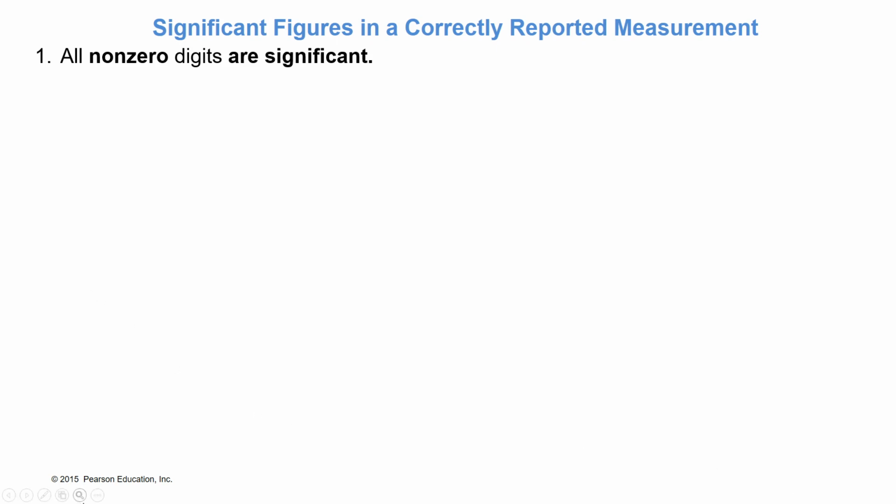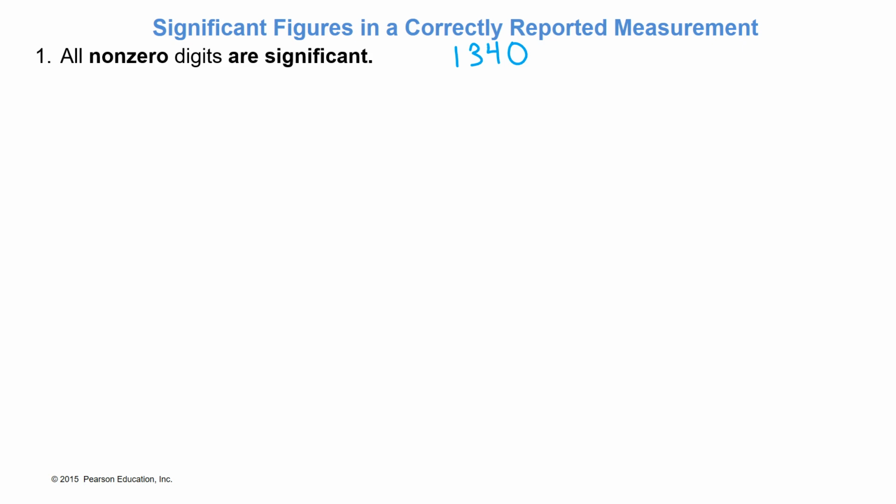And what I mean by that is, when we see a number written on the page, like 1,340, anything that's not a zero in this case is considered to be significant.